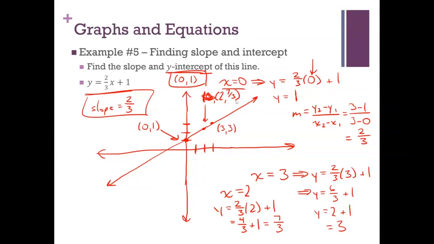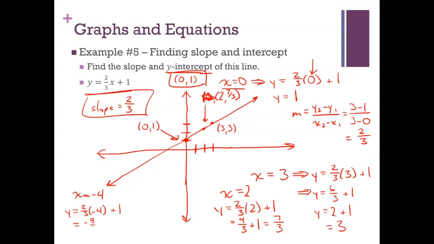What's that? Well, let's find out. Pick one. -4 sounds good. If x equals -4, it might look like I'm lying to you because I can't freehand draw a graph very straight, but it should still be close. If x equals -4, y equals 2/3 times -4 plus 1.